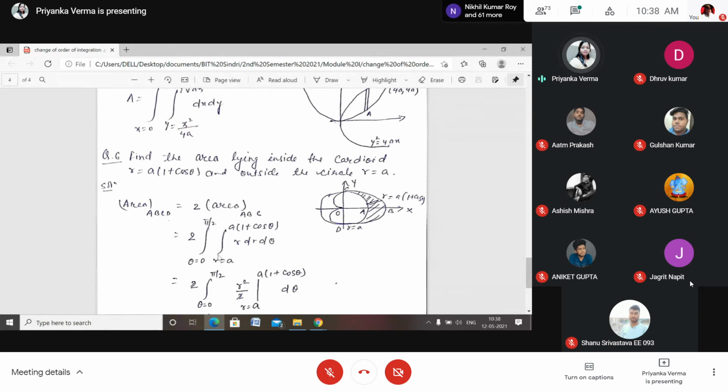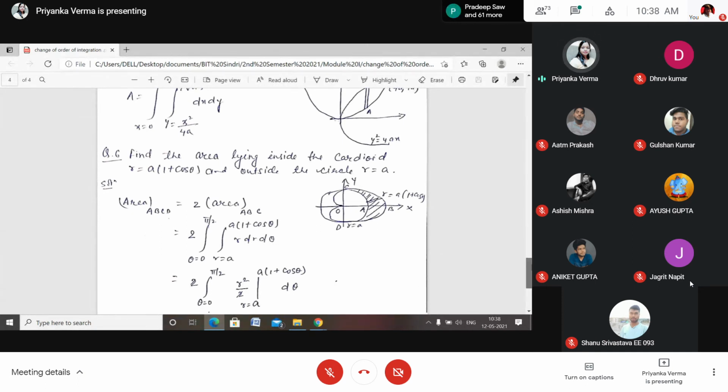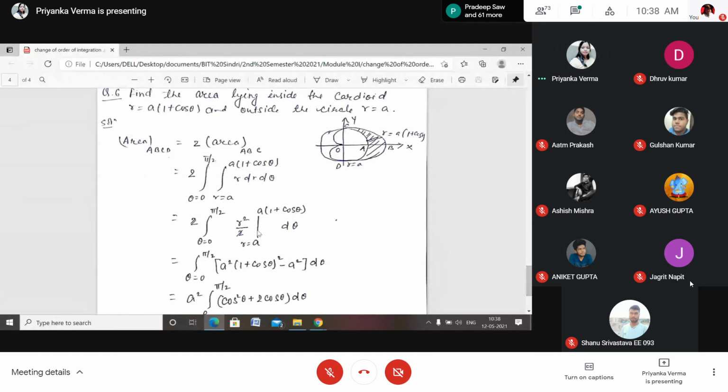Now you can see that r has variable limits of integration, so we will integrate with respect to r first. So this is r dr; integrating, we will get r square by 2. Put the limits and you will get a square by 2 times (1 plus cos theta) whole square minus a square, d theta.